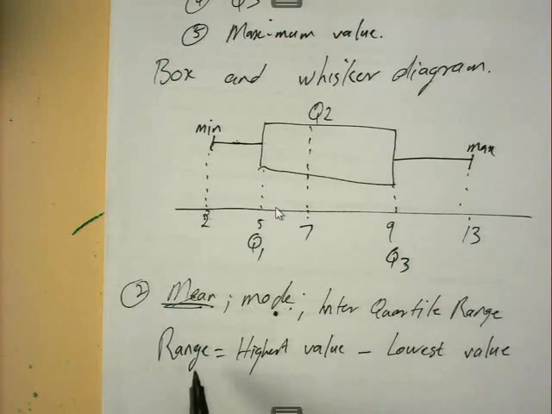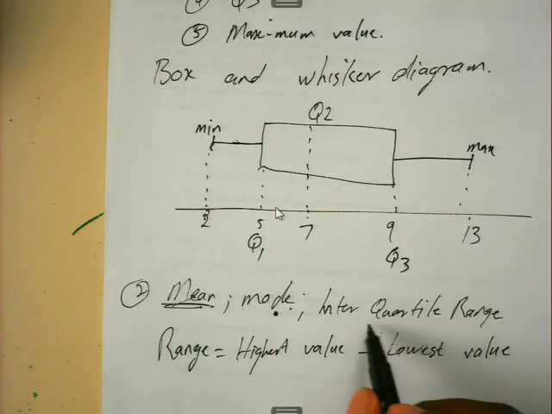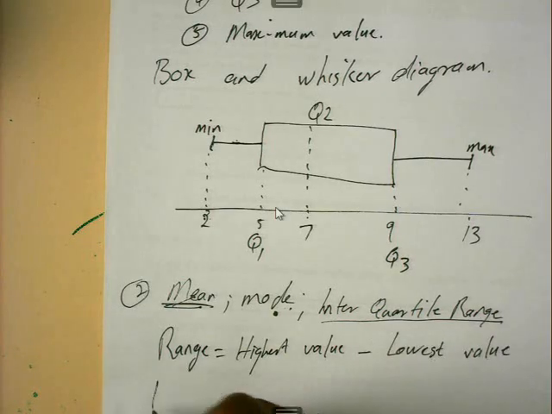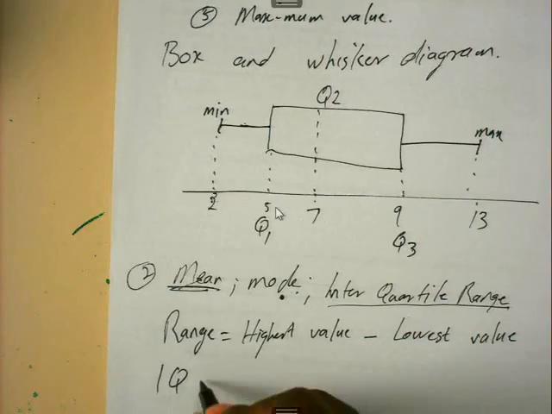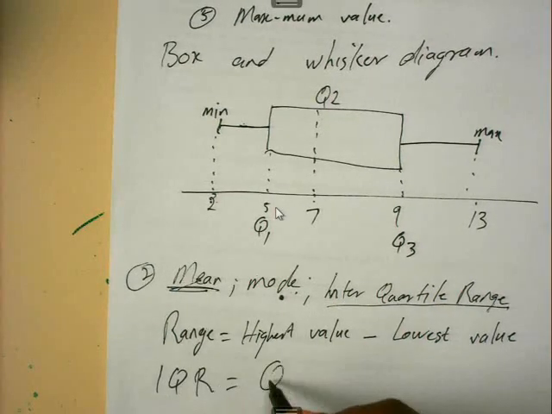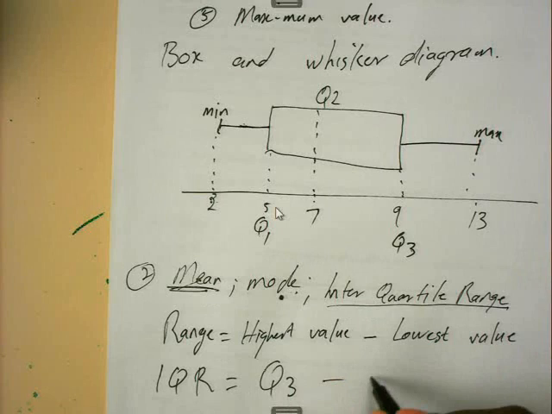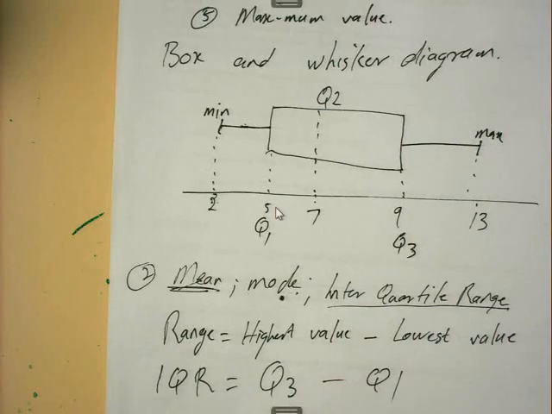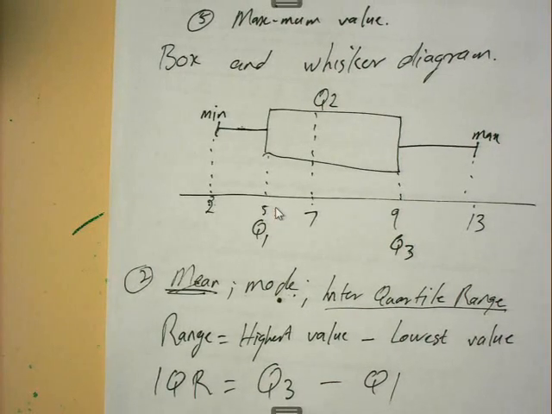I repeat, range in a data, highest value minus the lowest value. So if you talk of the interquartile range, this one is Q3, quartile 3 minus Q1. That is how we determine interquartile range.